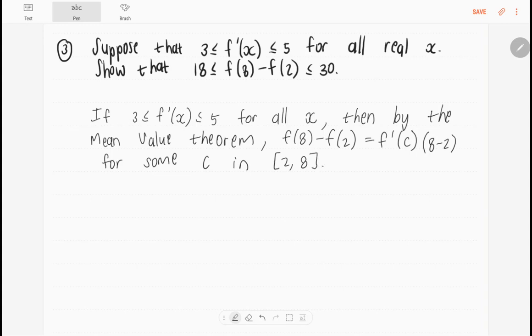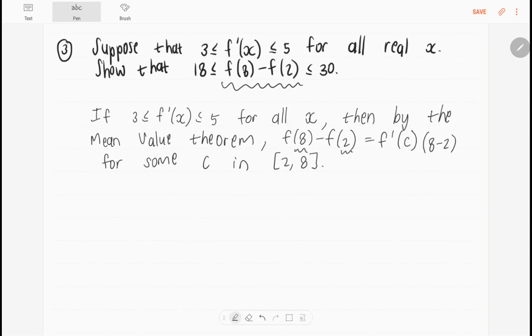That is just exactly what the mean value theorem says. And why am I using 8 and 2? Well, that is what I want to show lies between 18 and 30. So that's where I came to these values.